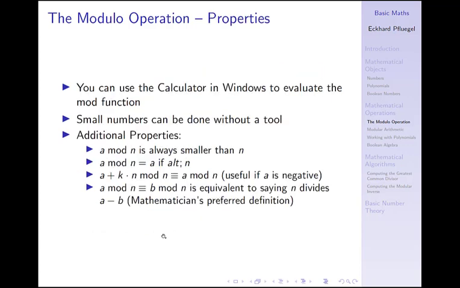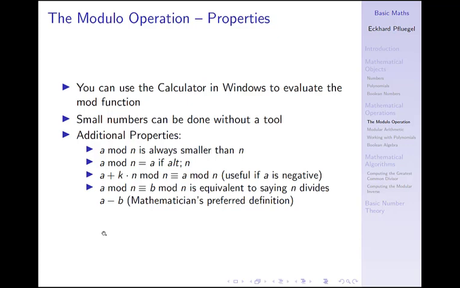So let's present some more properties and facts around the modular operation. So first of all, how can you compute this if the number's getting a bit bigger, if it's too tricky to do it in your head? Then you can use the Windows calculator, for example. It's got a tool to evaluate the mod function if you go to scientific mode, and also modern pocket calculators might be able to do it.